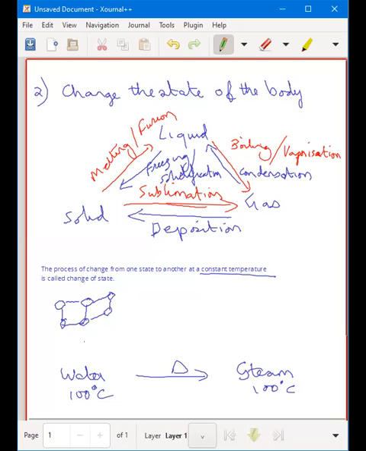Now whenever we heat this object, it raises the temperature till 100 degrees, right? When the water reaches 100 degrees, there is a change of state going to occur now because the boiling point of water is 100 degrees. So once it reaches the boiling point, this additional heat that we are applying is used to break up these forces which are holding the molecules together. This is called latent heat.